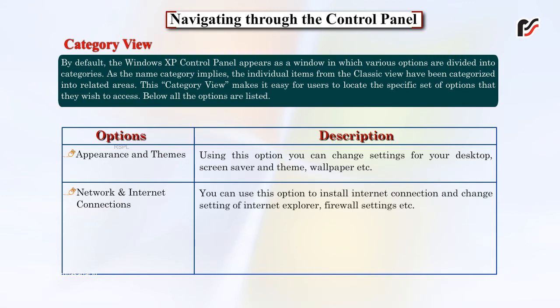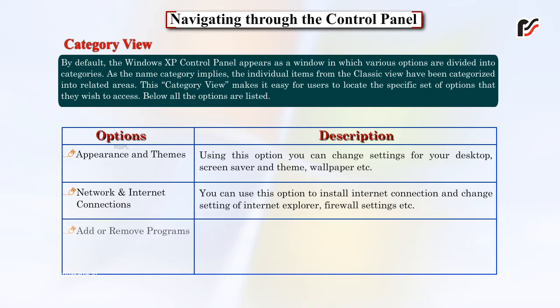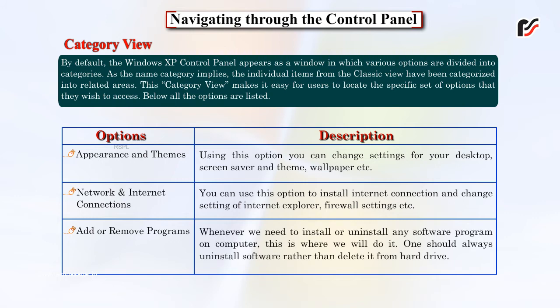You can use this option to install Internet connection and change settings of Internet Explorer, firewall settings, etc. Add or remove programs. Whenever we need to install or uninstall any software program on the computer, this is where we will do it. One should always uninstall software rather than delete it from the hard drive.